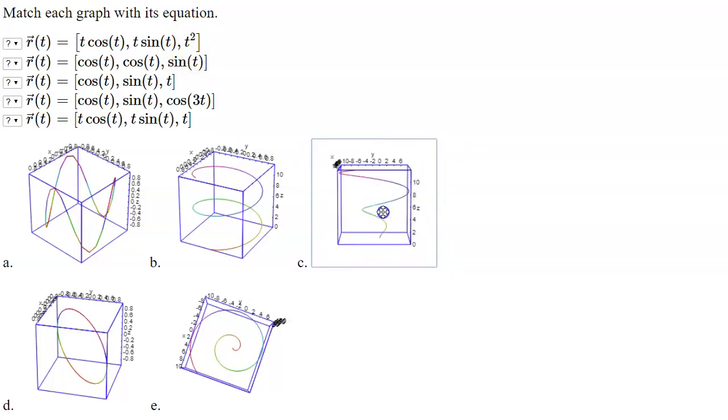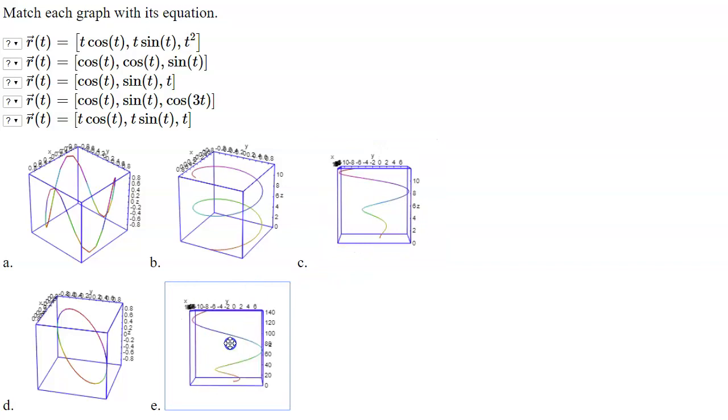So if I were to look at both of these graphs from the side, I'll notice that in this equation, the z value and radius are increasing at about the same rate, while in this equation, the z value seems to be increasing faster than the radius. And so because the z value is increasing faster than the radius here, that's going to correspond with this top equation. This one, they're increasing at the same rate, and so that's going to correspond with this equation.